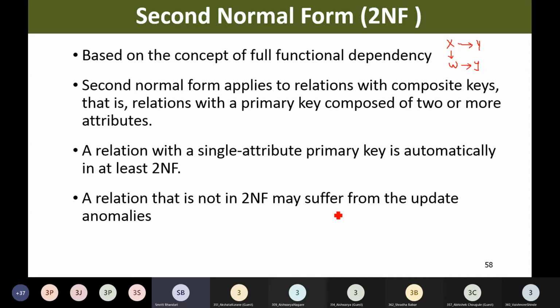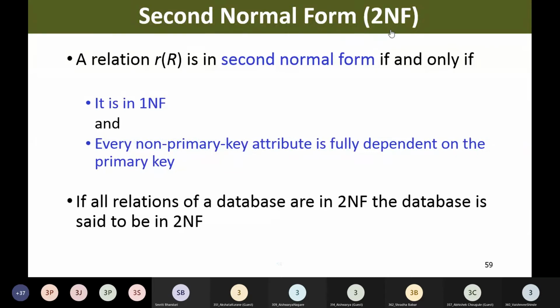If a relation is not in 2NF, obviously it may suffer from anomalies, and we would like to avoid the anomalies, right? So we have seen this definition of second normal form. How is second normal form defined?